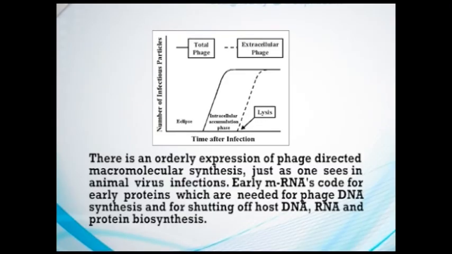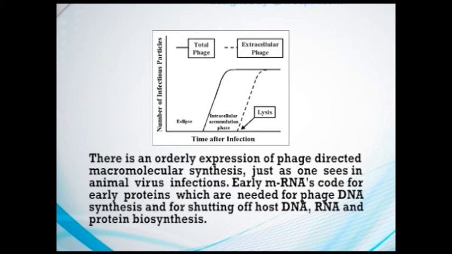During the eclipse phase, no infectious phage particle can be found either inside or outside the bacterial cell. The phage nucleic acid takes over the host biosynthetic machinery, and the phage-specific mRNAs and proteins are made. There is an orderly expression of the phage-directed macromolecular synthesis, just as one sees in animal virus infection.